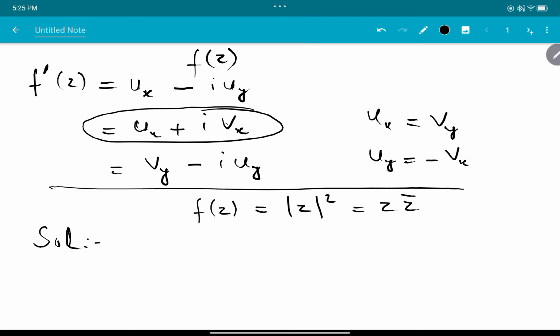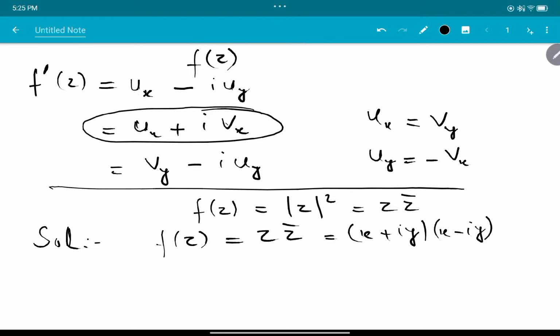Or it may come in many other forms, but our approach will be the same. Suppose you have f(z) equal to z z bar, that is x plus iy into x minus iy.